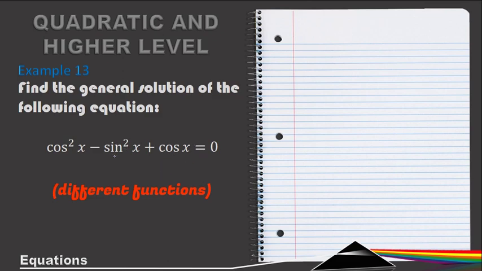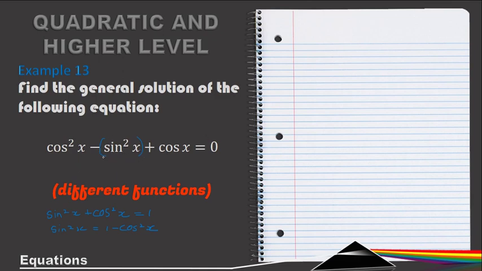And the first thing we want to try and do, if we have different functions, is use your identities to substitute in. Like for example, if I know my identity sine squared x plus cos squared x equals 1, and I want to write sine squared x in terms of cos squared x, I can say sine squared x is equal to 1 minus cos squared x, and then all of my ratios will be the same.